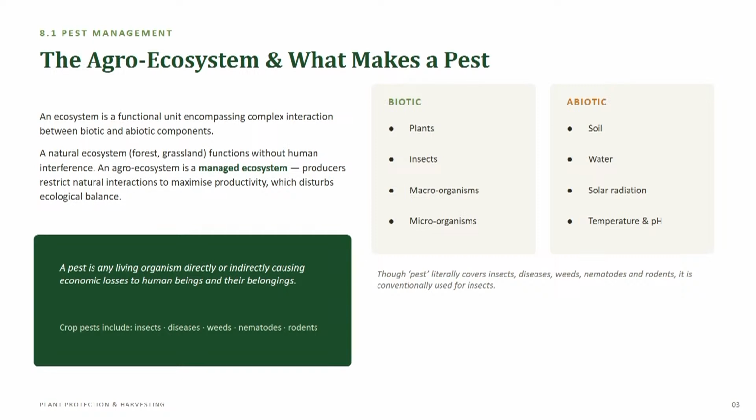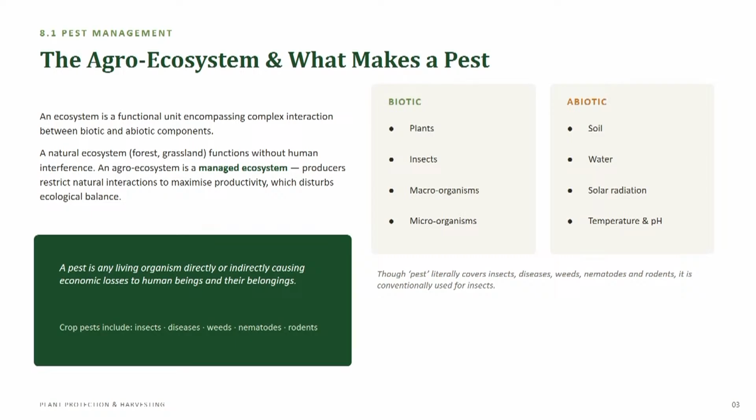Here the producer, or we can say the farmer, can restrict the natural interaction among the biotic and abiotic components of nature to maximize its productivity and to maintain its ecological balance.